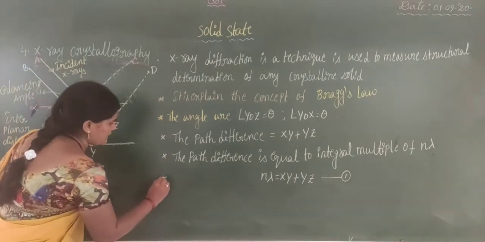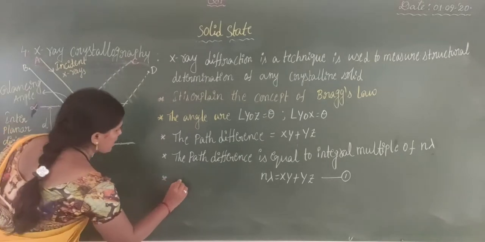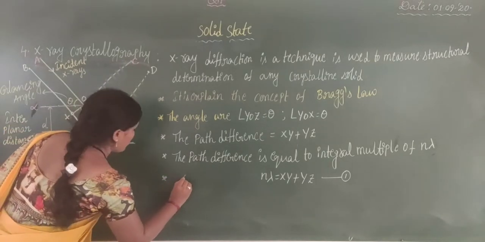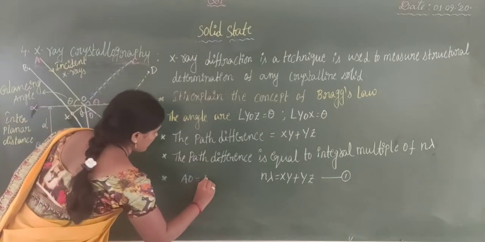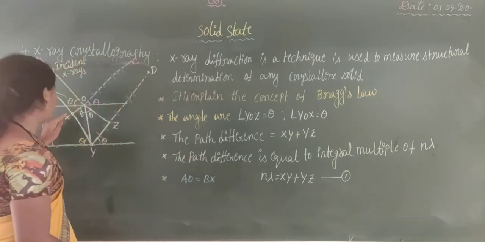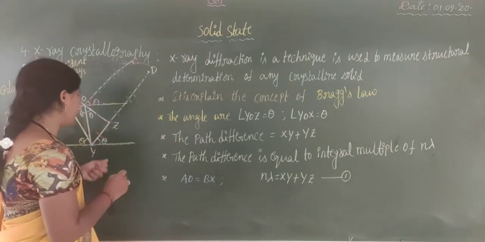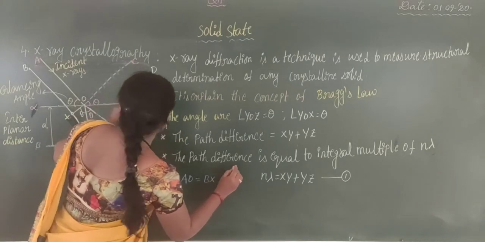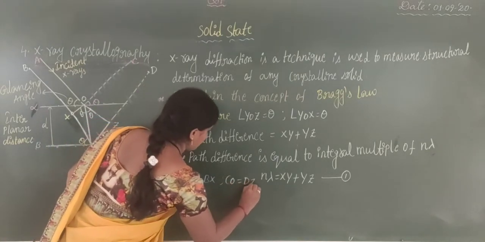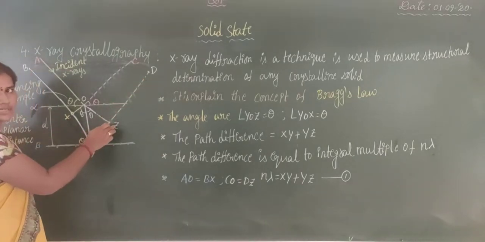That's why you can write AO is equal to BX, and CO is equal to DZ. These two layers are parallel to each other.